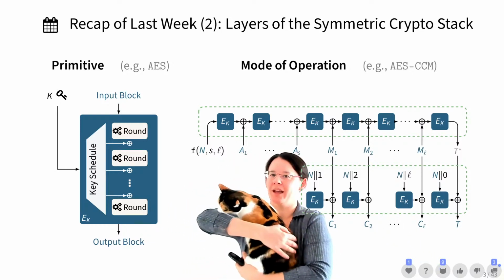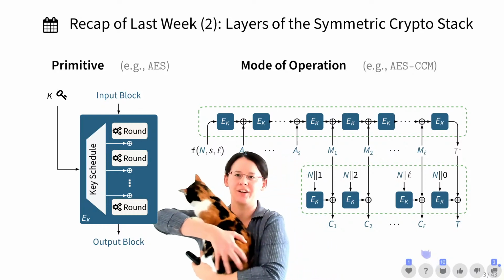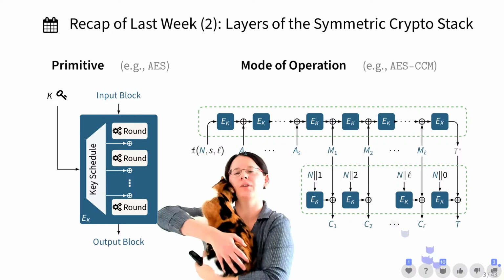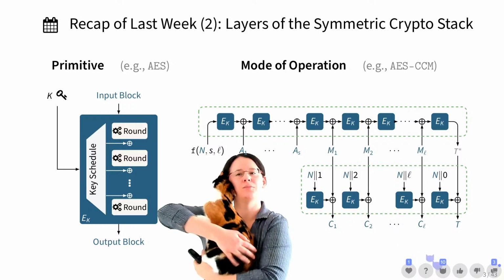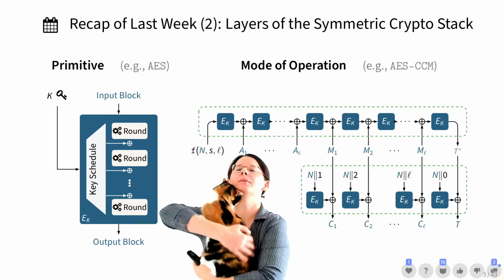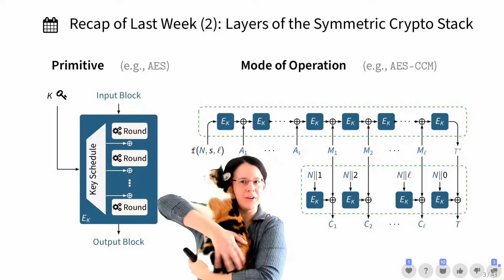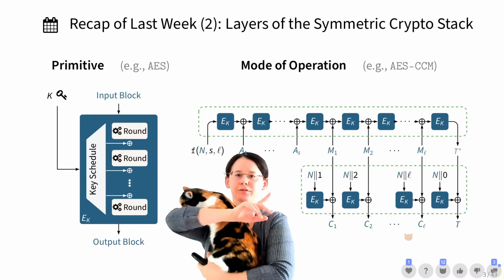Okay, and once we have such a primitive, the primitive is nice, so it's like an engine that can drive our car, but we still need to build the car around it. In other words, we need to make it usable, to actually process messages that are arbitrarily long in a secure way. And this is where mode of operation comes in. So here I've illustrated one.